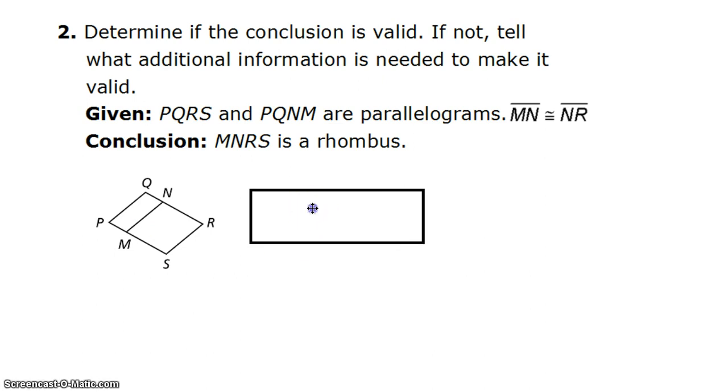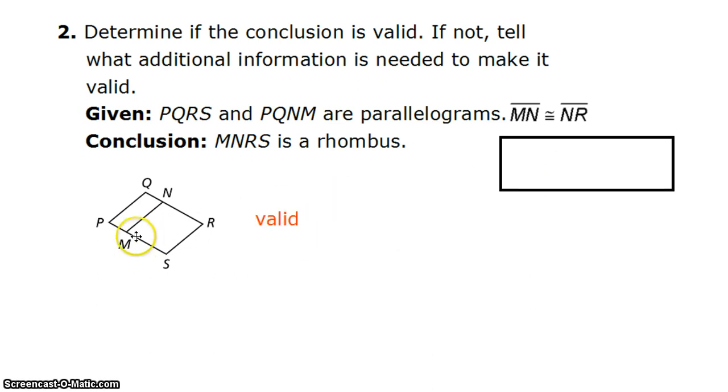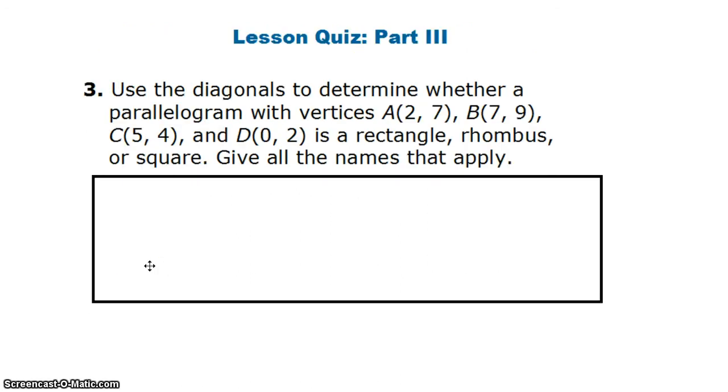And the answer is yes, it is valid. Think about how this would be a transversal, right? MN. So M and R, SR would be a transversal. We would have a lot of congruent angles in addition to congruent sides. So opposite angles would be congruent here. Definition of a rhombus, good.